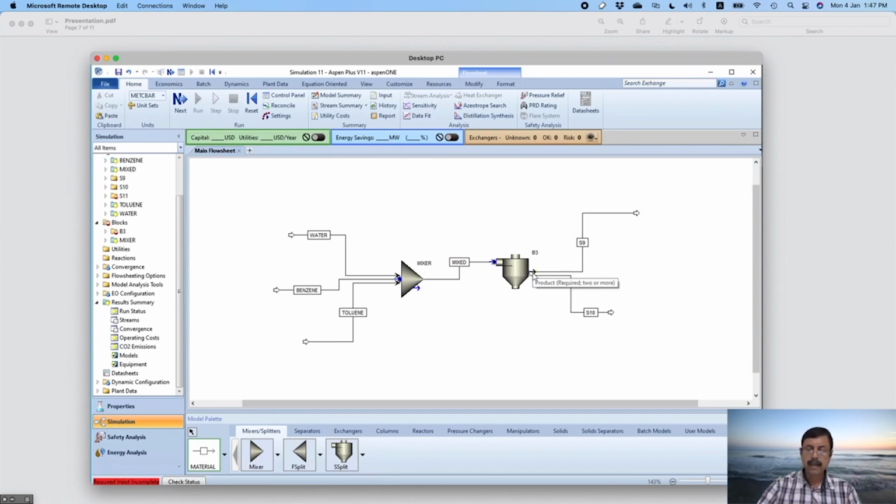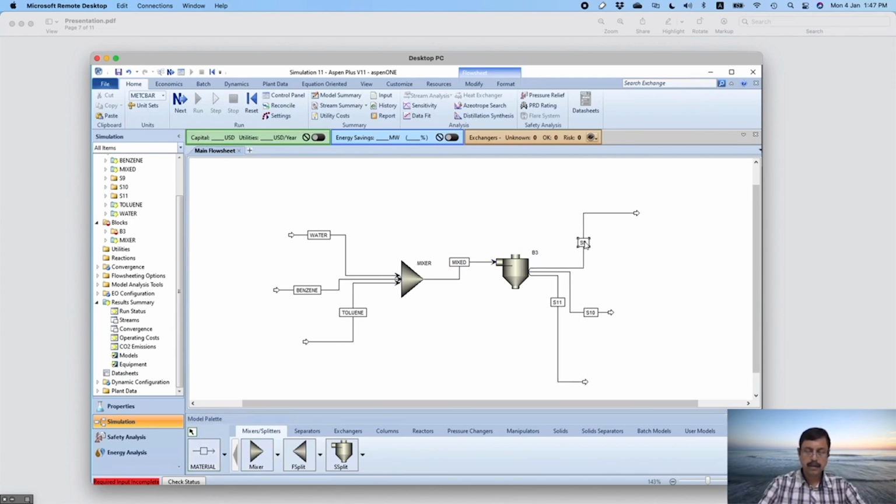These 2 are supply and the third one is storage. So let us rename them: supply 1, supply 2 and storage. So these are the 3 lines. Let us rename this also: splitter.